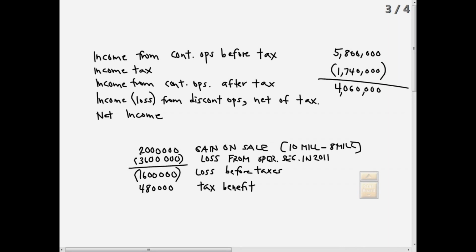Now, had this been a $4 million gain, then we would have to pay additional taxes on the disposal. But instead, we're going to actually get a tax cut here. Okay, so what do we have? Okay. This is my net of tax income or loss, in this case, from discontinued operations.